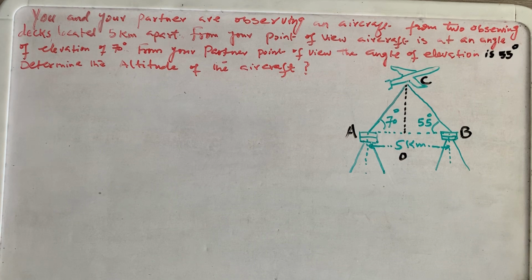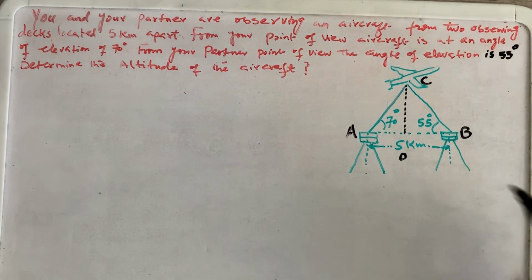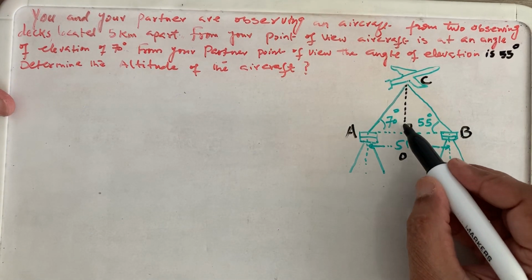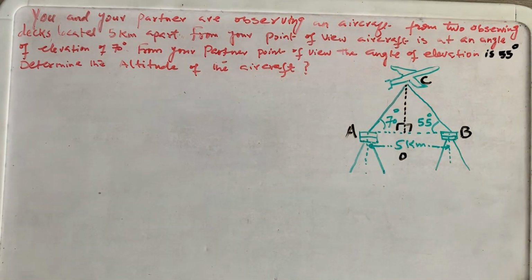Now in this triangle, we can see that by this altitude, we have two right angle triangles. One is this and the other is this. We can work on any triangle, but before working on the right angle triangle, we have to solve ABC, a non-right angle triangle.